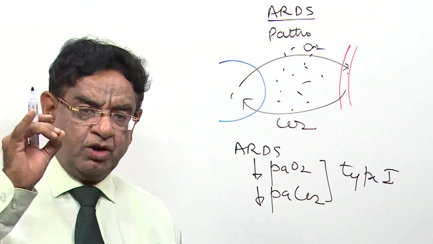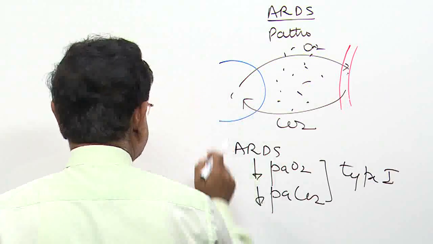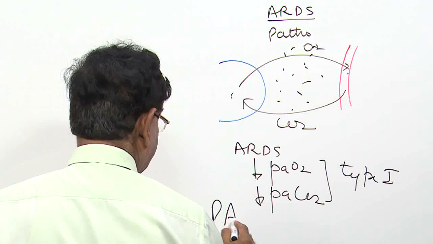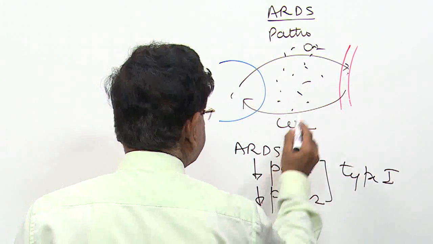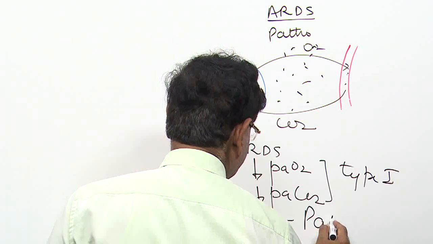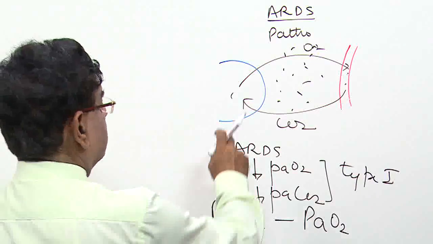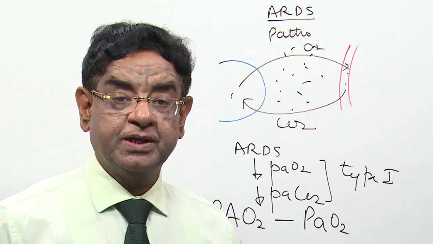Now one more thing not known to most of students. Look, here is the pulmonary alveolar oxygen and this is the pulmonary arteriolar oxygen. Look at this gradient: oxygen cannot go into the arteriole.